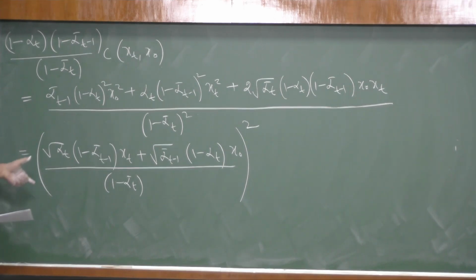If you can recall, this was the b squared term in the normal distribution that we were talking about.